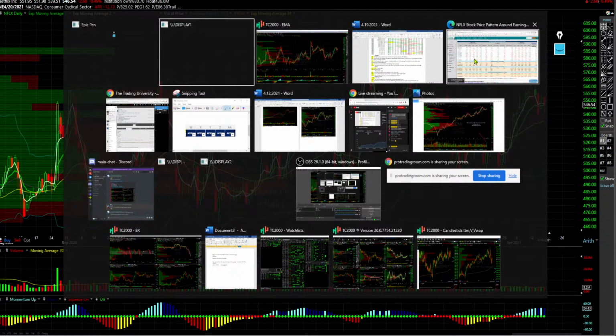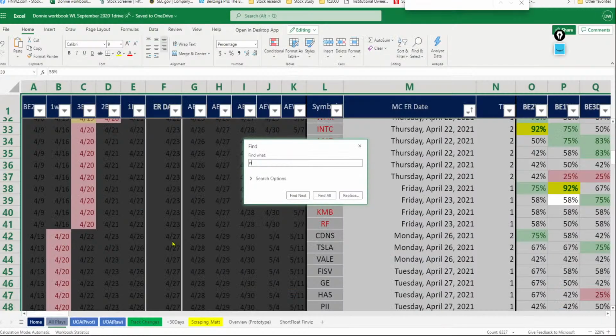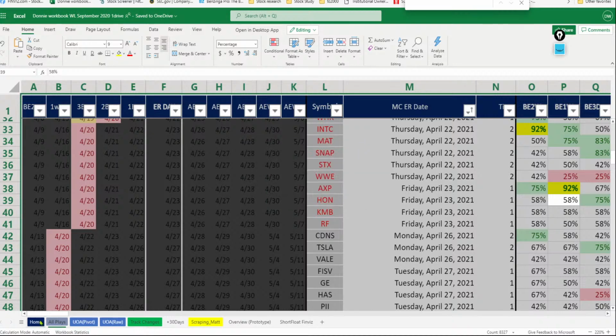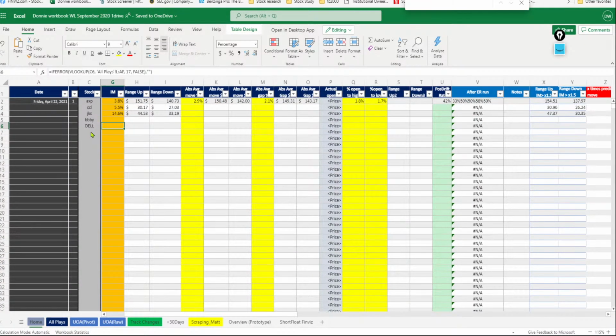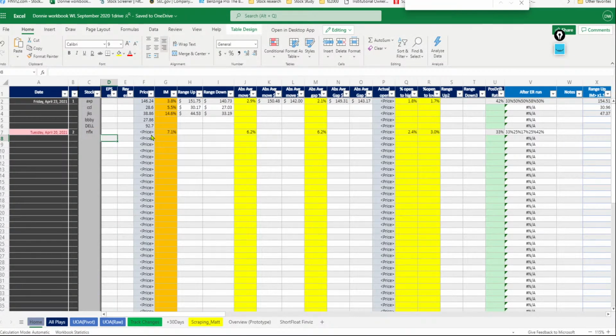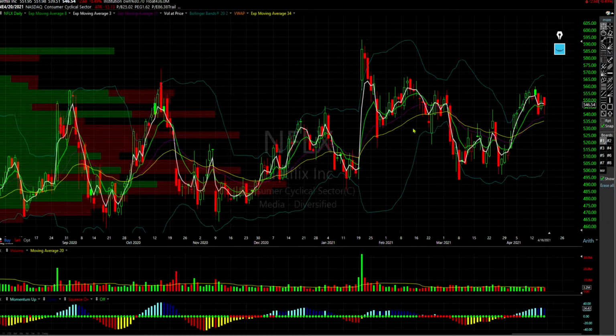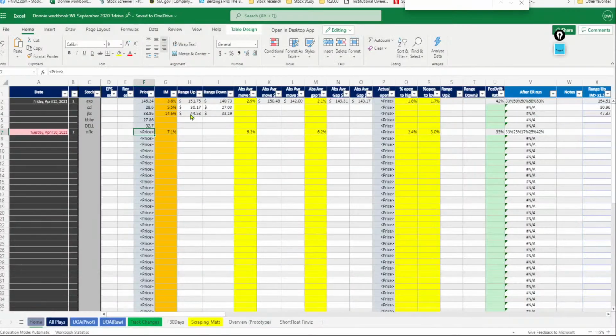If you come to our ER sheet, and we throw in Netflix at the home tab, and at the time, let's say the price is 560. So do you see how this is lining up for 600 as range up? And then you take in the average move.